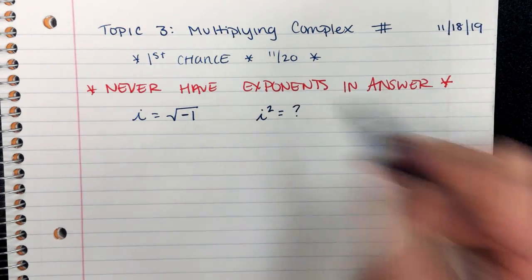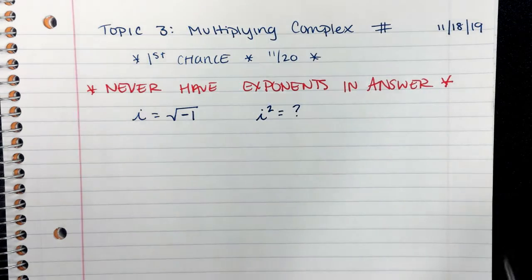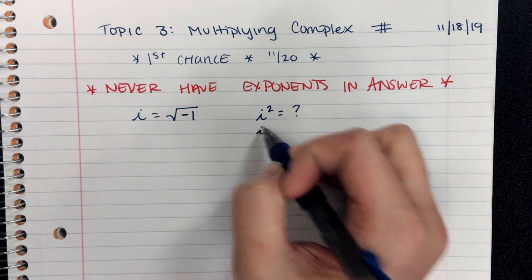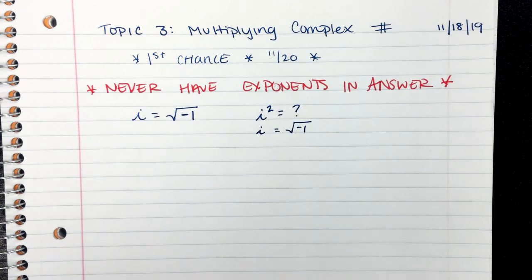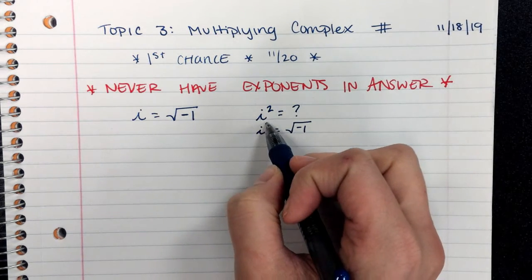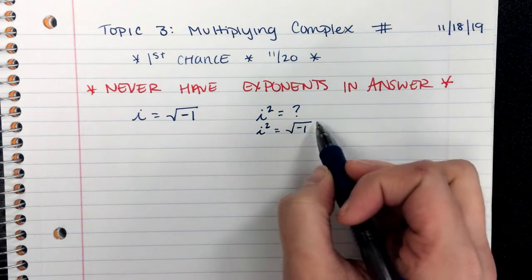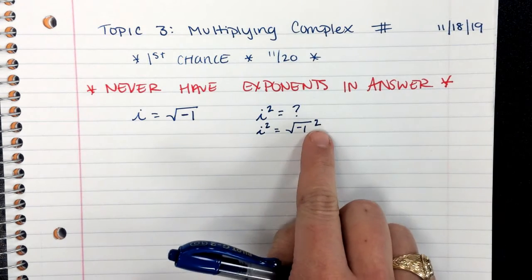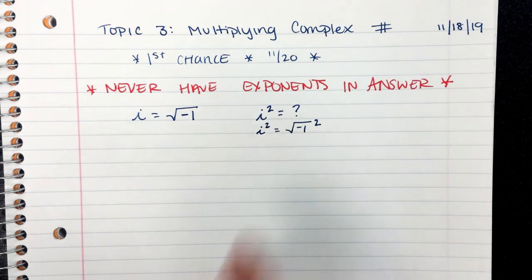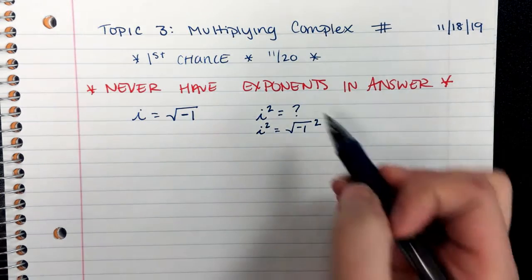That's what we're trying to find. So, if I know i equals the square root of negative 1, if I square the left side, I square the right side. What happens when I square a square root? Does anybody know? They cancel out.